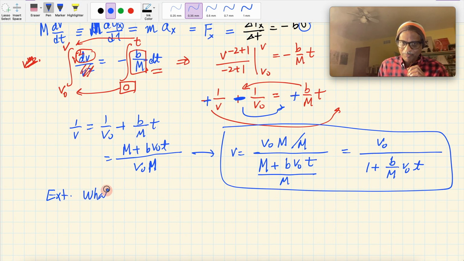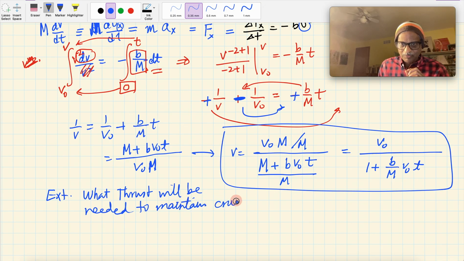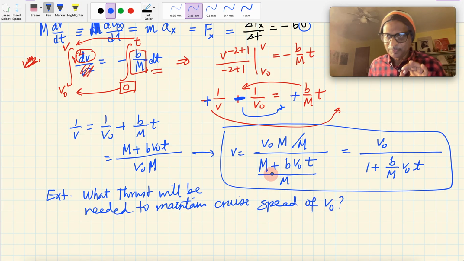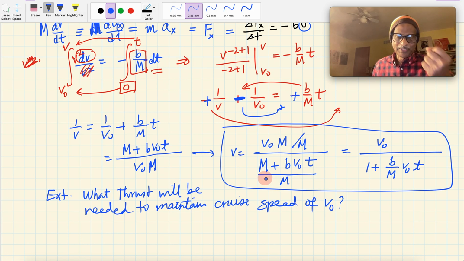What thrust will be needed to maintain a cruise speed of V0? The question might also be how much fuel will be required, if they give you data such as how much energy you get from burning a certain amount of fuel.